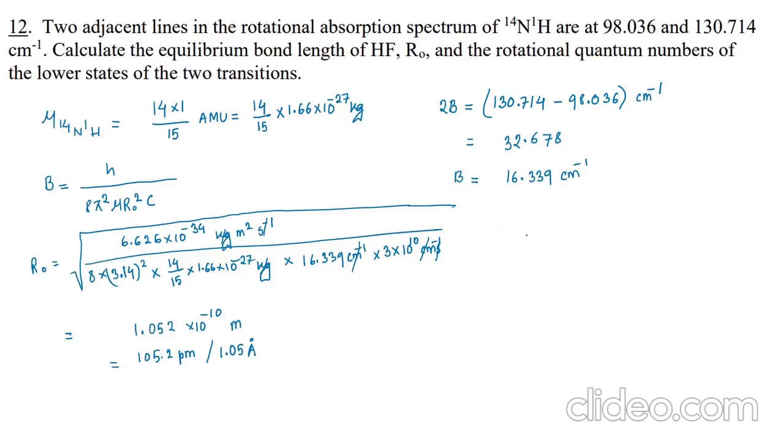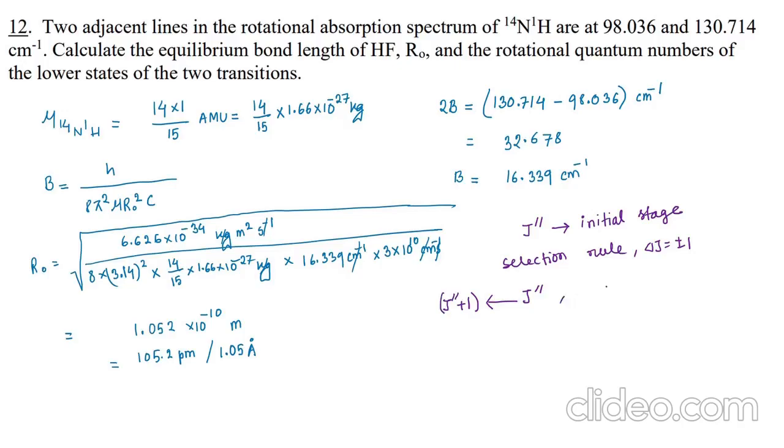Suppose this is your initial state, and the selection rule says delta J is equal to plus minus 1. So let us see, the transition is from J' to J''.